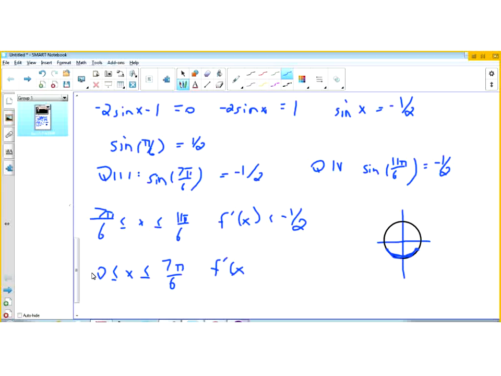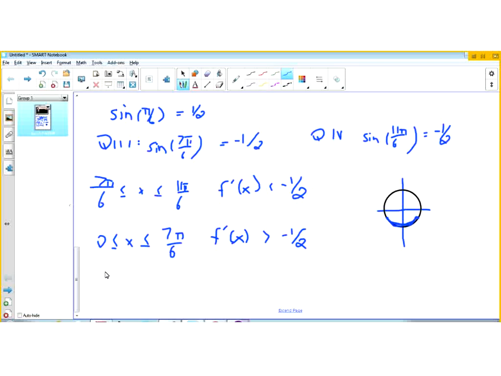If you're from 0 to 7 pi over 6, f prime of x will be greater than negative 1/2. And if you're from 11 pi over 6 less than x less than 2 pi, f prime of x will also be greater than negative 1/2.